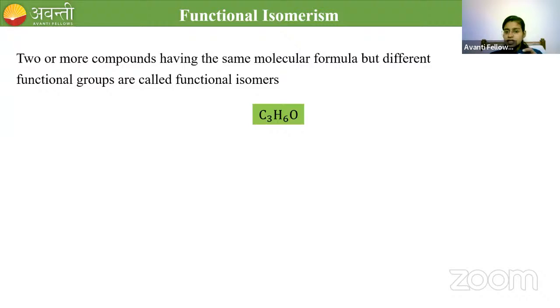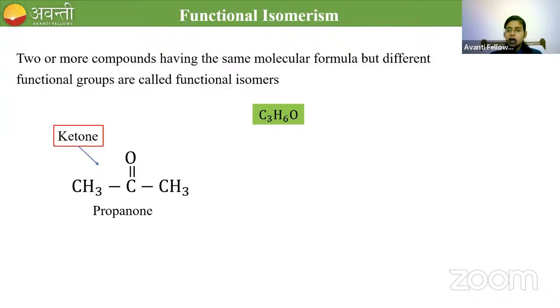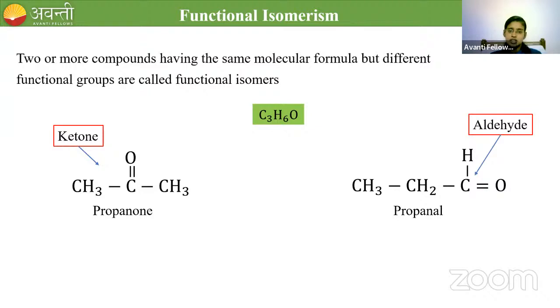We are taking C3H6O as an example. For this formula, I can draw propanone as one example, where ketone is the functional group, and propanal as the other, where aldehyde is the functional group. So the formula is same for both, but the functional group itself is differing.